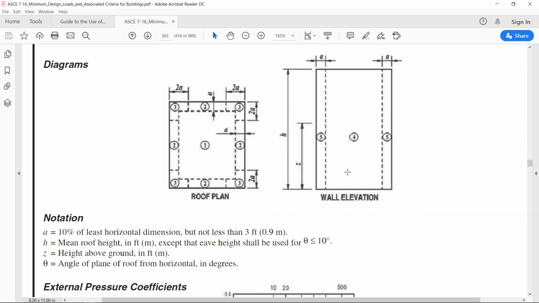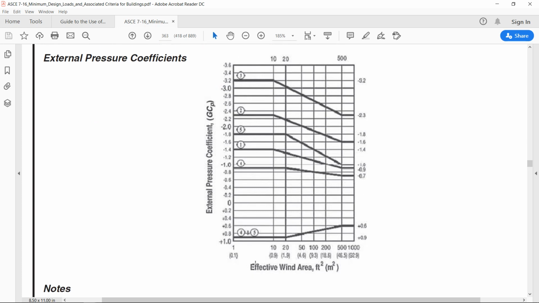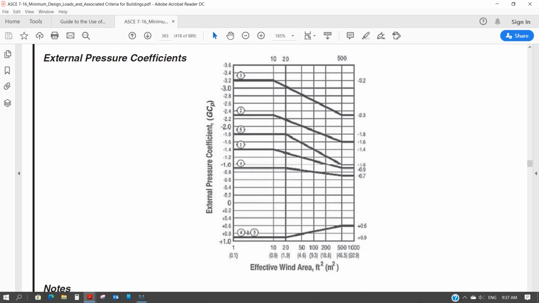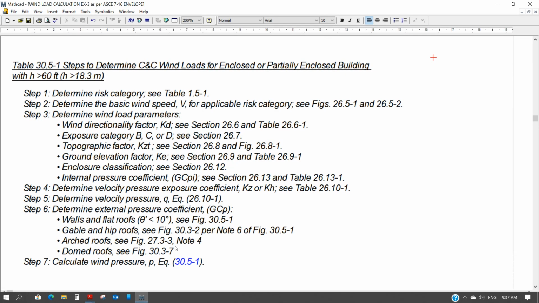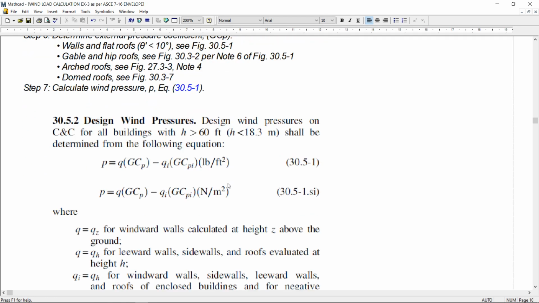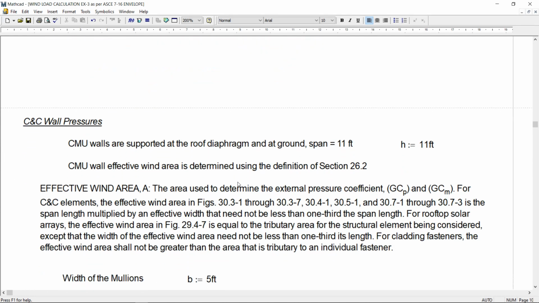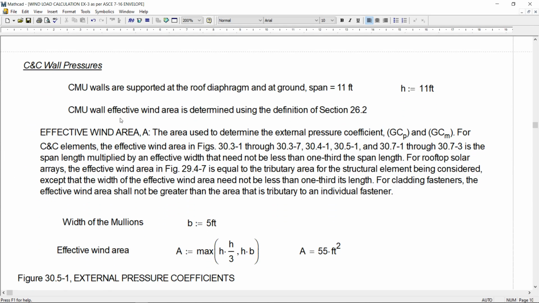Wall elevation is given, where zone 5, zone 4, they are defined over here, and the coefficients are taken from this graph. As per this area, we took the coefficient from here. So based on all this information, what I did, I calculated the wind pressure for component and cladding. This is the reproduction of the same section. Now, component and cladding wall pressure.